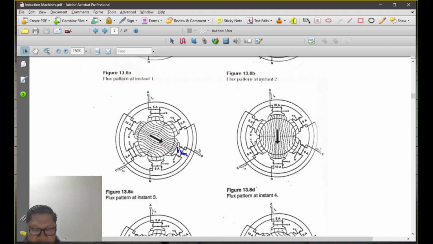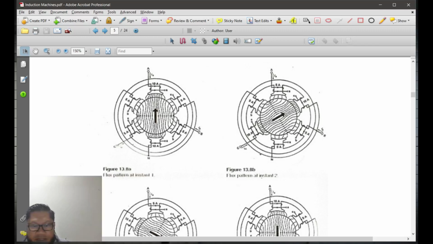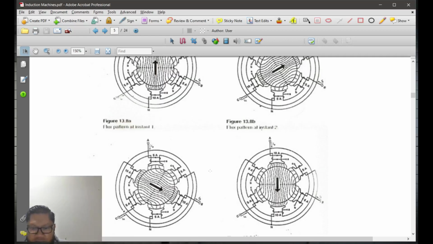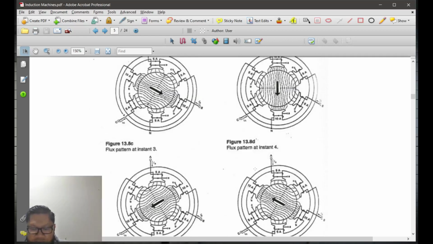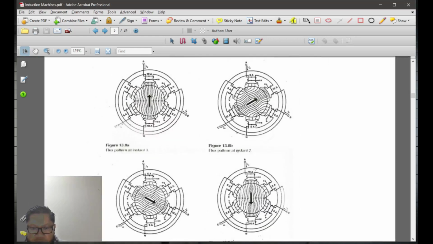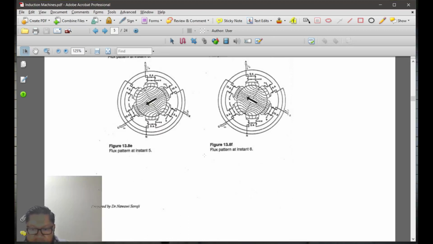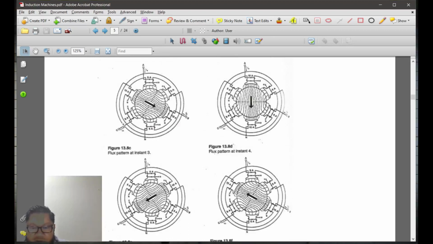positive IB, and therefore if you grab the pole, you'll see that the maximum total magnetic field will follow that direction. If you look carefully, your magnetic field starts with that direction, and then moves clockwise, and for the whole cycle from point 1 to point 6, it actually rotates.